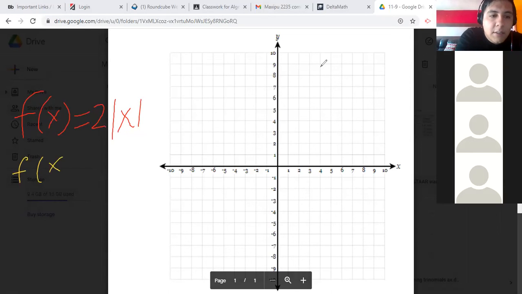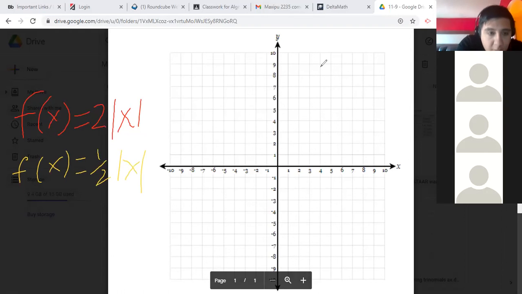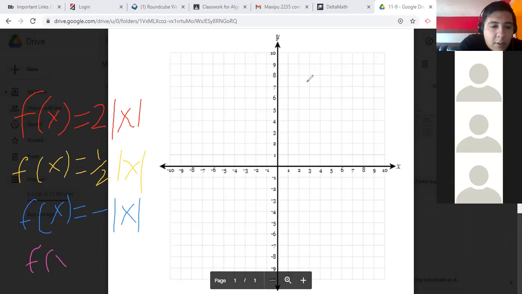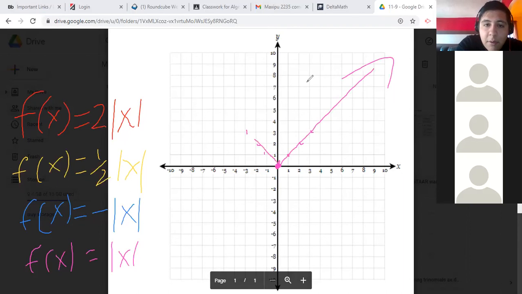So f of x. All right, so let's start with our parent function, right? And our parent function basically always looks like this. So that's our parent function, okay?